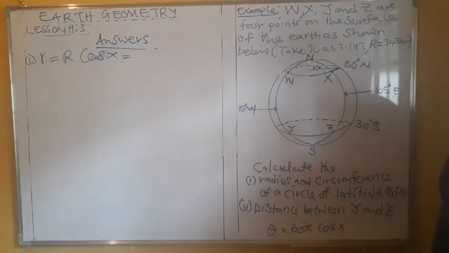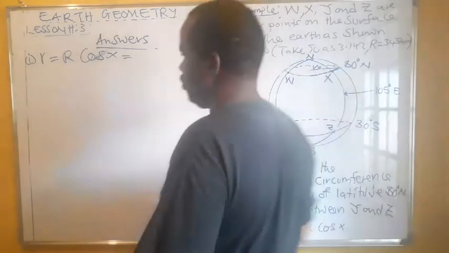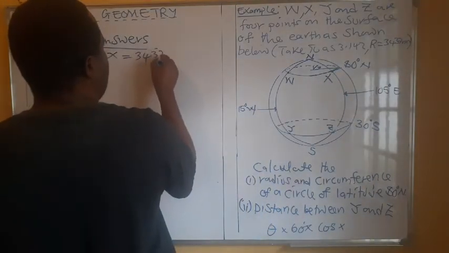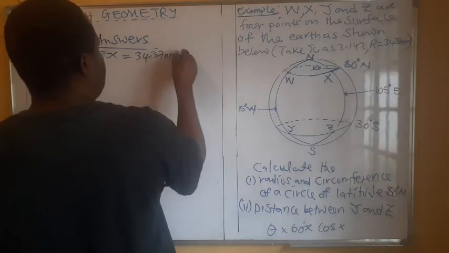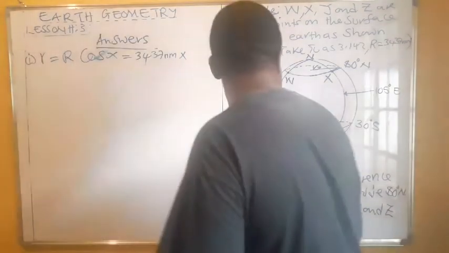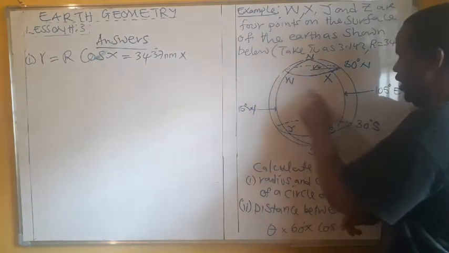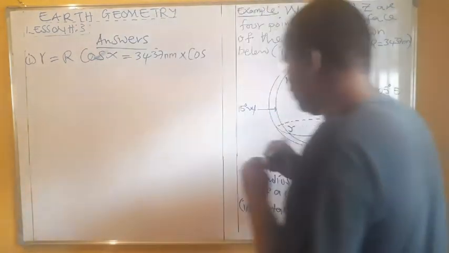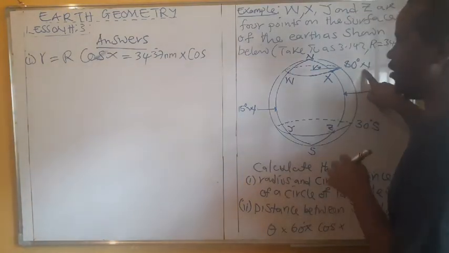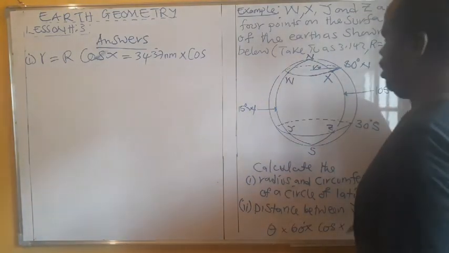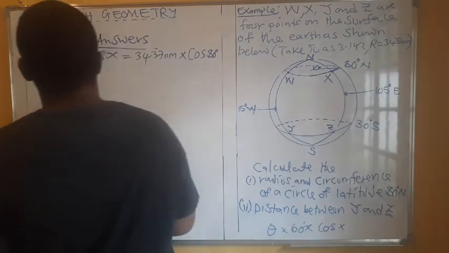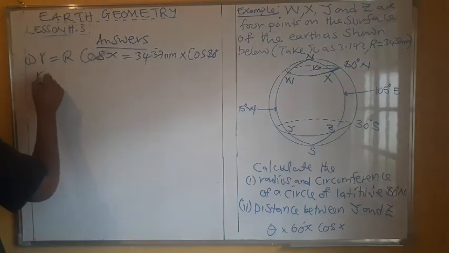So that's what we are going to put here: 3437 nautical miles times cos latitude. What is our latitude? The latitude is this angle here, because I'm dealing with 80 degrees north. So you're going to say cos 80 degrees. I'm sure you're able to punch it in.